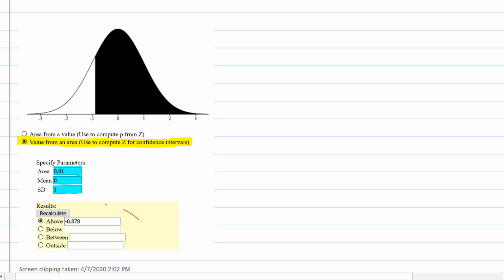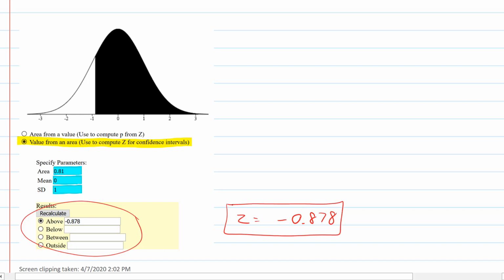And once again, here's our answer, that our z is equal to negative 0.878. Now what that negative means, negative z's are to the left of the mean, and I'd like you to notice here's our value of z, and it is in fact less than 0 if you take a look at the x-axis.